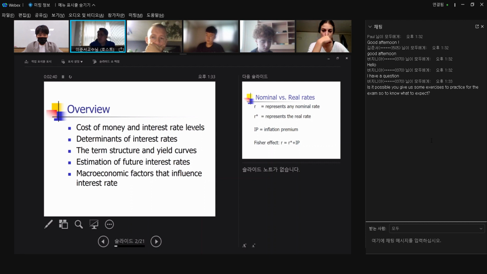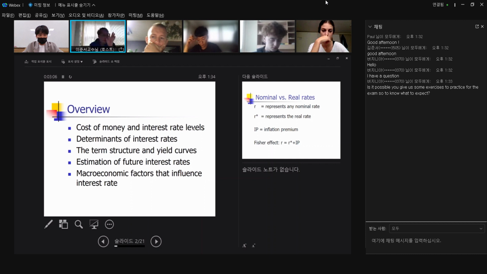There are a lot of determinant components to determine the interest rate. So we will figure out what kind of factors affect the interest rate. So don't be confused between the first topic and second topic. The first topic we will talk about from the point of view of the company that wants to raise money.